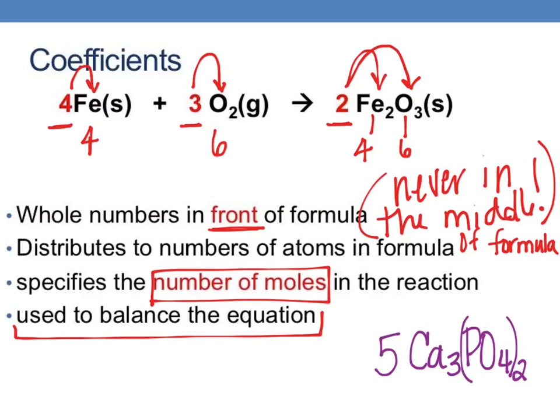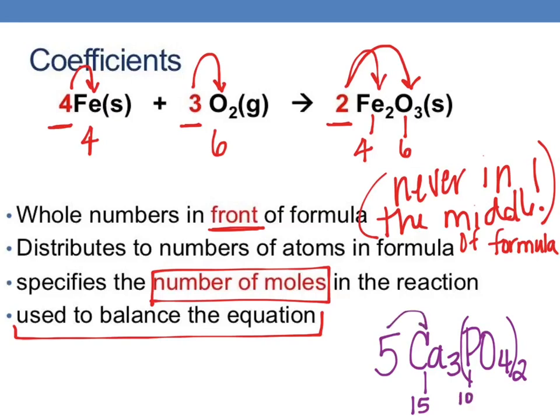And then if I have this parentheses, that subscript outside the parentheses gets distributed to everybody inside the parentheses. Okay? So, looking at this, how many calciums do I have? 5 times 3. 15. How many P's do I have? I have 2 times 1, so that's 2, times this 5?